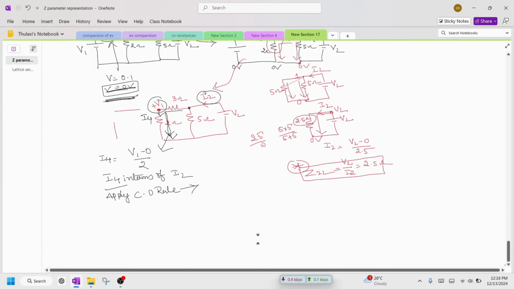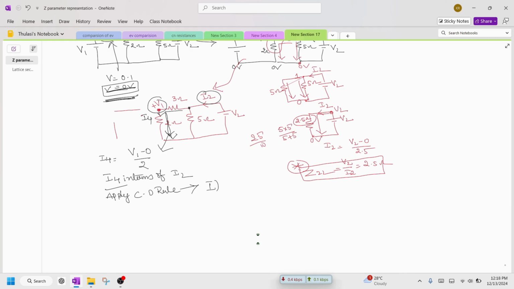The formula is: total current into the opposite branch resistor which is connected in parallel, divided by the sum of resistors which are connected in parallel. So what is the total current? I4 I can write as the total current of the network, which is I2, multiplied by the opposite parallel resistor.